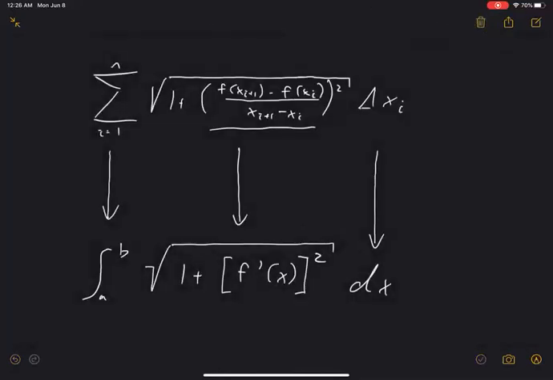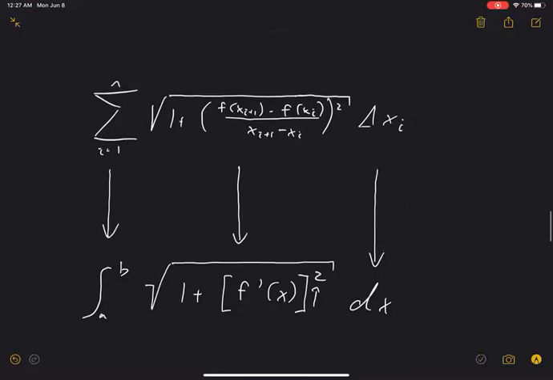In other words, this term becomes the derivative of f at x, f prime of x, and then we're squaring it. The square doesn't change, so the only thing that changes is the stuff inside the parentheses. It becomes the derivative. And as we take the limit of delta x going to 0, my delta xi becomes my dx.